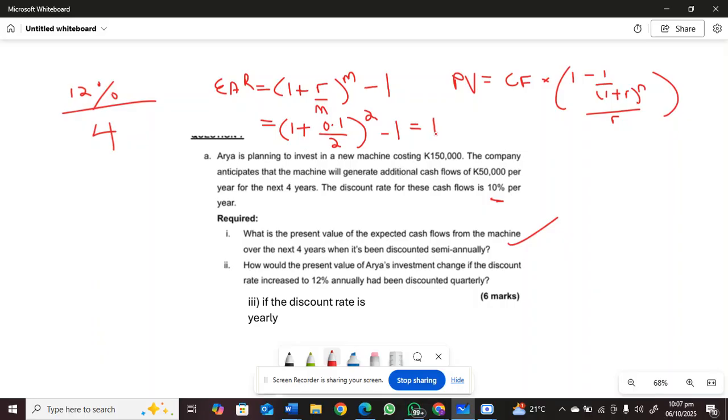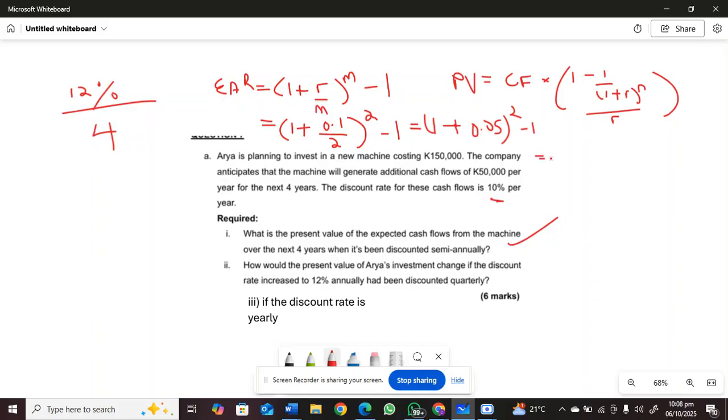So 1 plus 0.1 divided by 2, that is 0.05, to the power 2 minus 1.